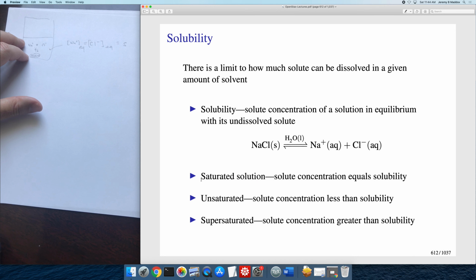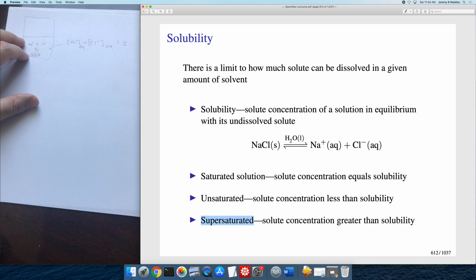Such a solution where you have this equilibrium is called a saturated solution. And the way I think of this is you've saturated the solution with the solute. You've dissolved as much of the solute as you possibly can. An unsaturated solution is where you have not yet reached that solute concentration. The solute concentration is less than the solubility. It is possible to prepare an unstable, supersaturated solution.